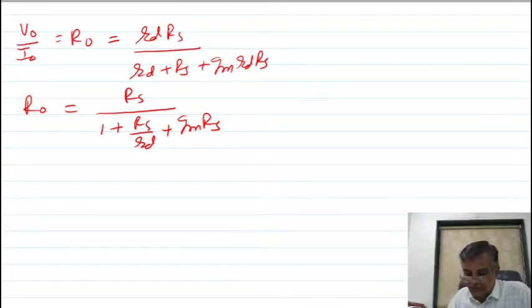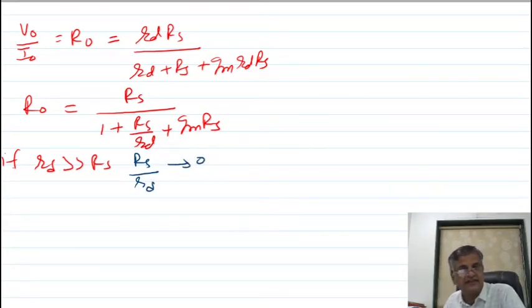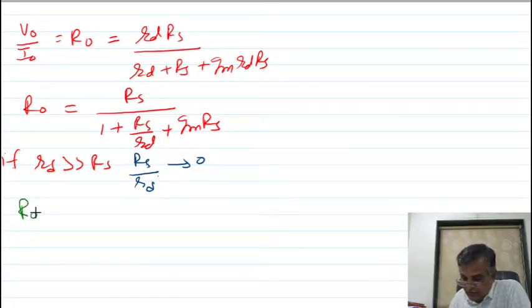Now, same we will take, if rd is much greater than Rs, then Rs by rd tends to 0, or you can say this term can be neglected. So I can write Ro is equal to Rs upon 1 plus gm into Rs.